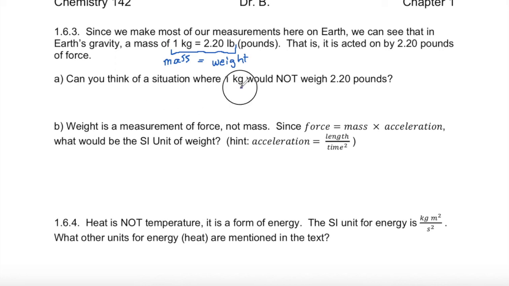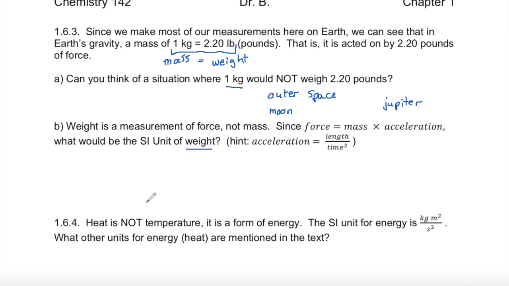So again, 1 kilogram would not be equal to 2.20 pounds if we were in outer space or on the moon, which has lower gravity, or on a different planet like Jupiter, which has higher gravity. But we are not going to worry about that too much in this course. So the SI unit for mass is a kilogram.